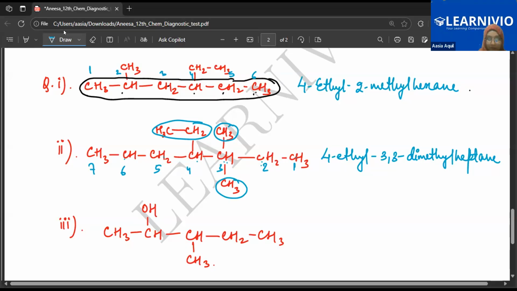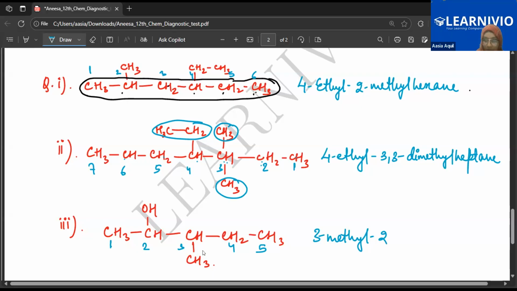Okay, the next one is very easy. Just try to name this. Obviously you will start the numbering from this side: 1, 2, 3, 4, and 5. So it will be 3-methyl, and on the second position there is an ol. You can write 2-pentanol or pentan-2-ol, both are correct.